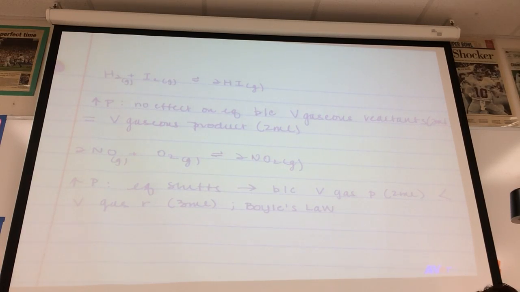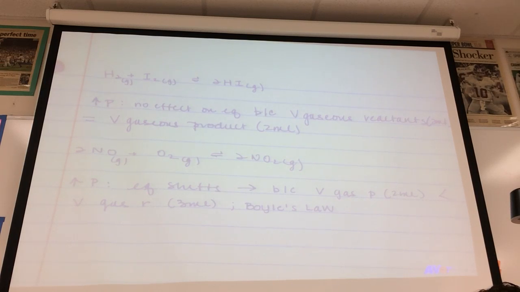In which direction will a net reaction occur if the reaction mixture is transferred from a 1.5 to 3.5 liter flask? So what are you doing to the volume there? Increasing it. So you want equilibrium to shift to the side with the larger volume, which would be the left. So equilibrium shifts to the left because there's 3 moles of gaseous reactant compared to 2 moles of gaseous product.